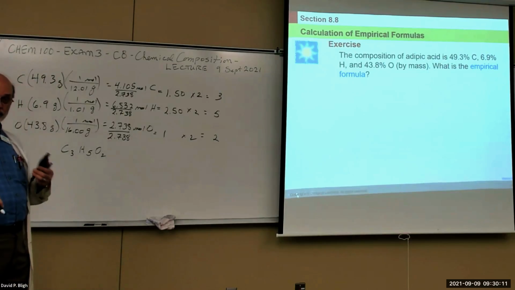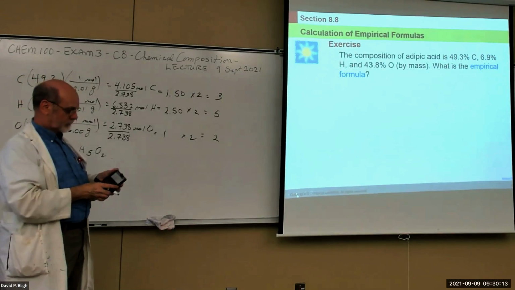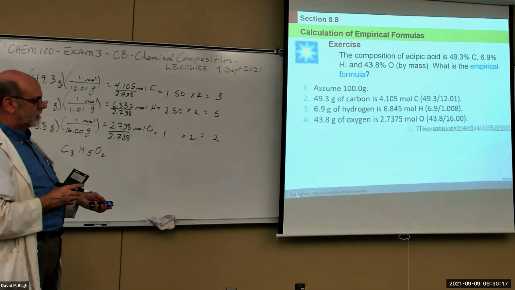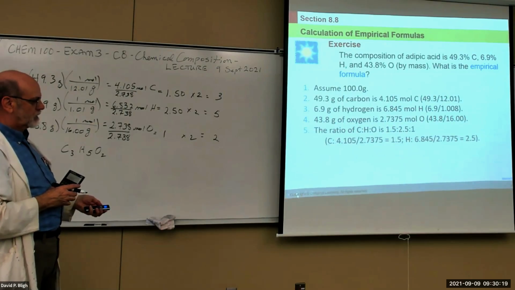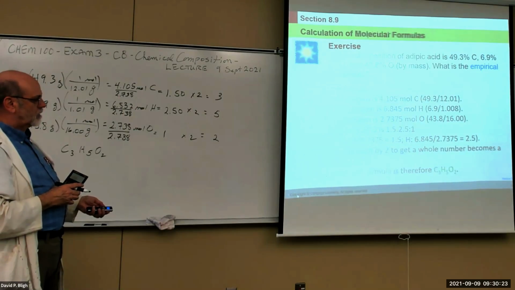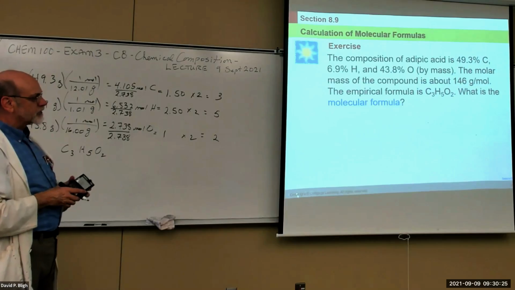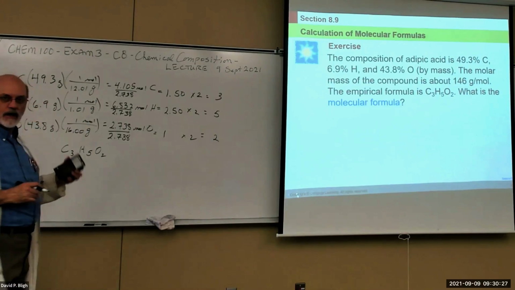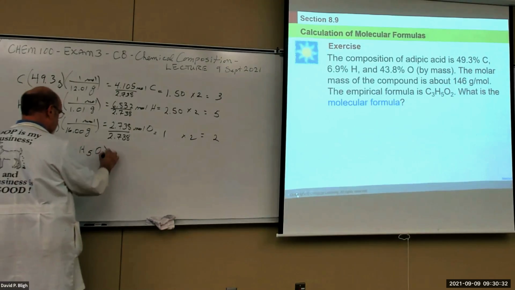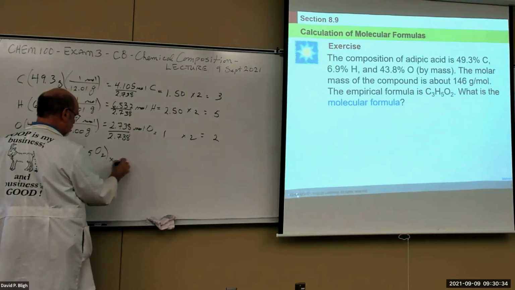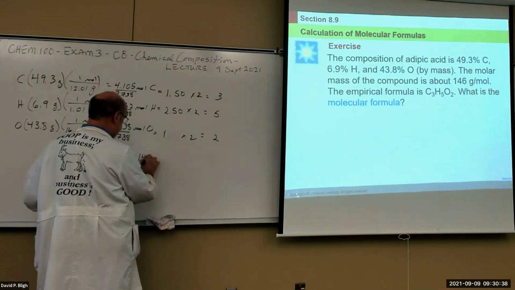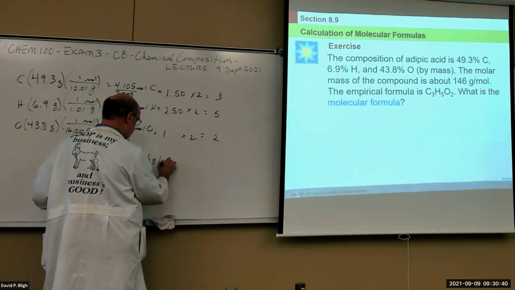All right, so we need to find the multiplier. Well, let's finish this off first. Now we're told the actual mass is 146 grams per mole. So whatever this is, times its multiplier is equal to 146 grams per mole.